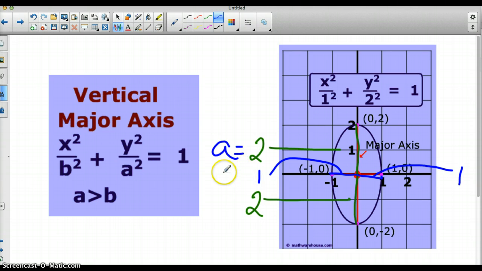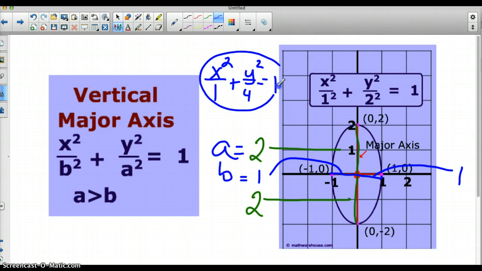And b is going to be the distance for your minor axis, which is 1. So when we substitute those in, we put x squared over 1 squared plus y squared over 2 squared equals 1, which changes to x squared over 1 plus y squared over 4 equals 1. And that would be the equation.